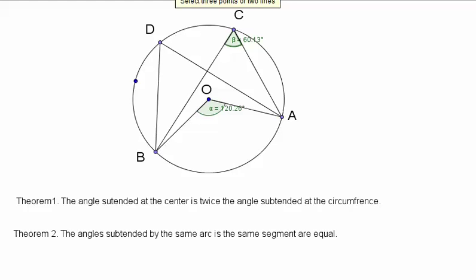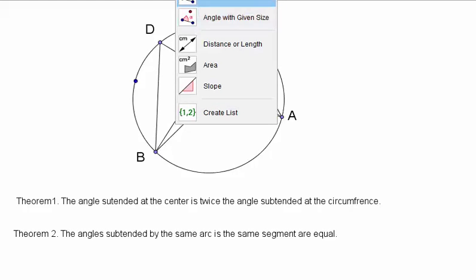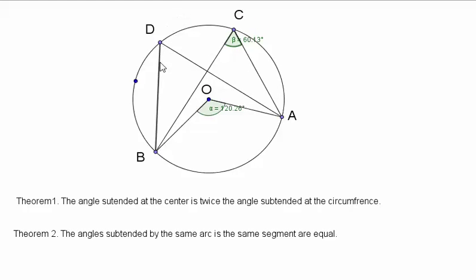which incidentally is half the angle at O. 60-13. So we have two angles subtended by the same chord at the circumference, and both of them are equal to half the angle subtended at the center.